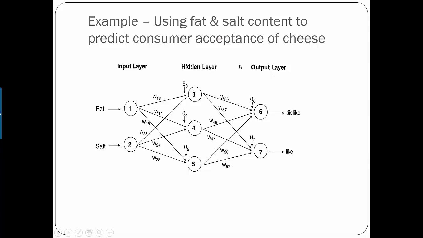Again, how many nodes we want in the hidden layer is a tuning parameter that we have to decide. We try different values, whereas the number of nodes in the input layer is not something that we decide, at least within the context of the model; each predictor variable will have one node.